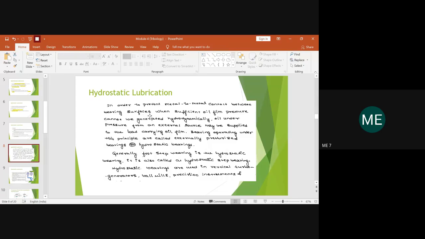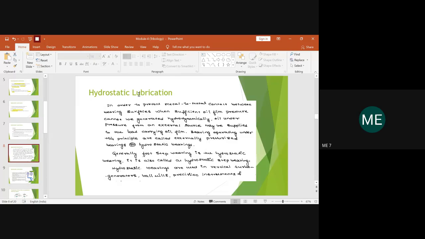So why we use hydrostatic lubrication, you know exactly. I have told you the difference between hydrostatic and hydrodynamic. In hydrostatic, an external pressure is needed to obtain the required oil film. A bearing associated with this type of lubrication is usually called a hydrostatic bearing.